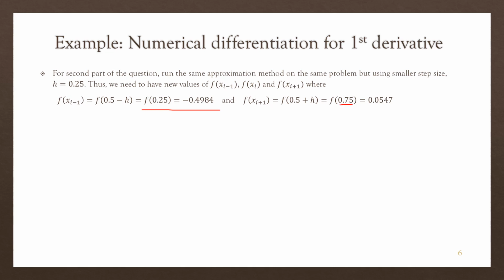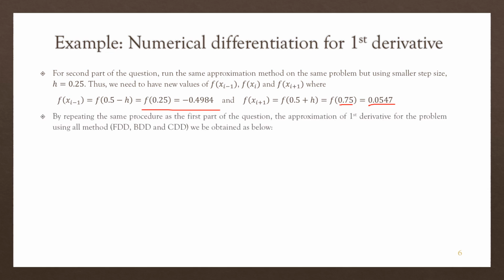And then we can calculate the value of the function at the new xi plus 1, which is equal to 0.0547. So we can repeat the same procedure that we have done in the previous calculation. We can calculate the forward divided difference, backward divided difference, and centered divided difference, similar to what we have done using the bigger step size.